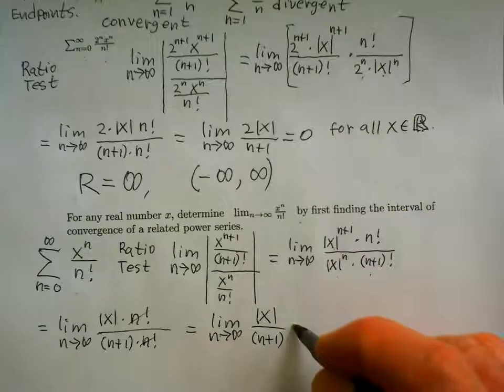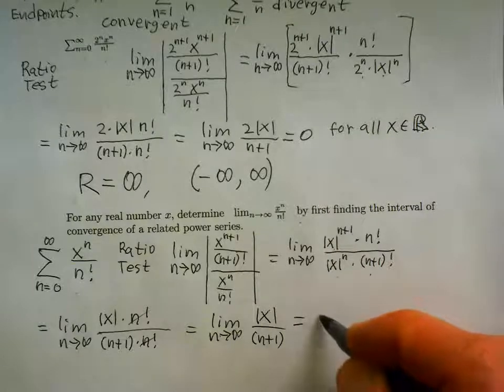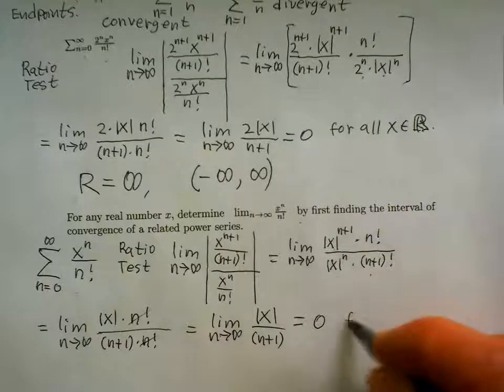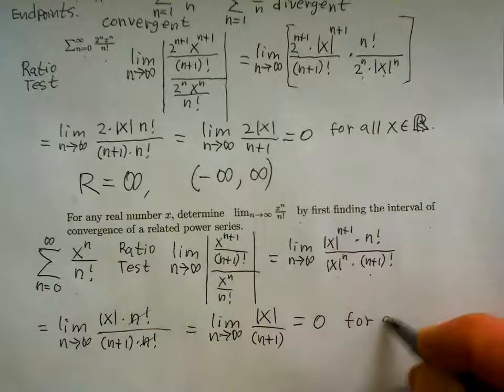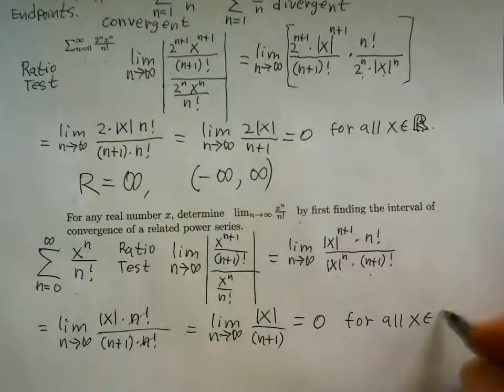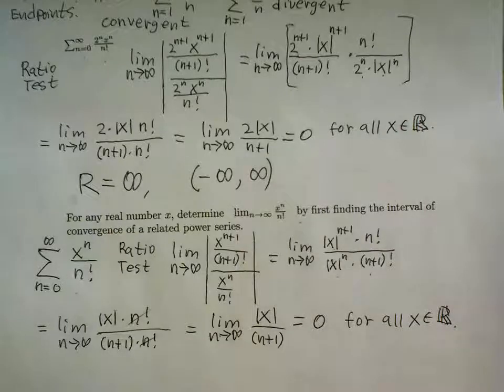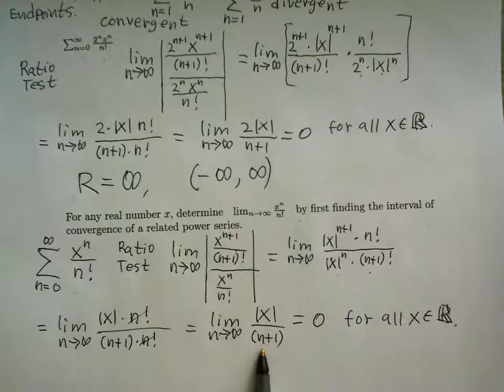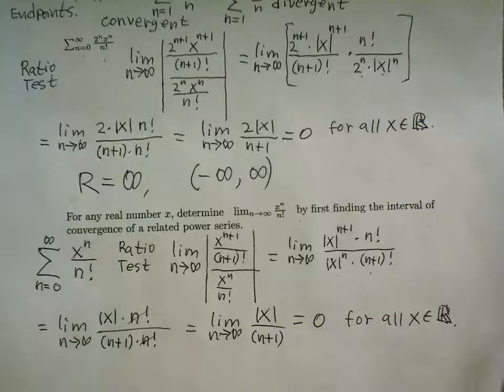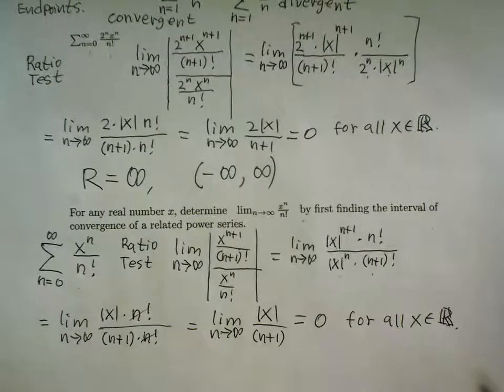This limit is equal to 0 for all real numbers x. So the series converges for all real numbers.